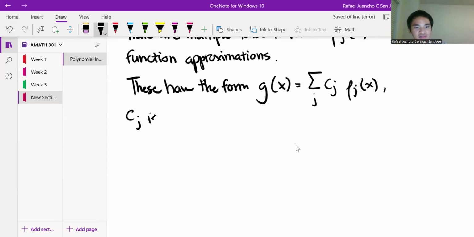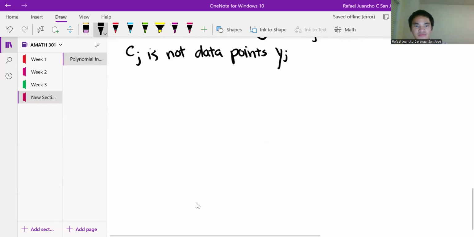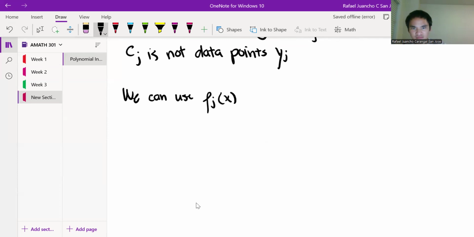My cj is not data points yj. So it's not necessarily that. And so we can use different basis functions, rho sub j of x, for different characteristics, right? So let me write that out. So we can use our rho j of x for different characteristics. So it's based on the context, right?